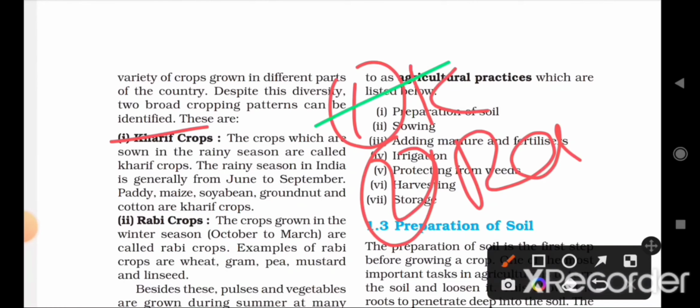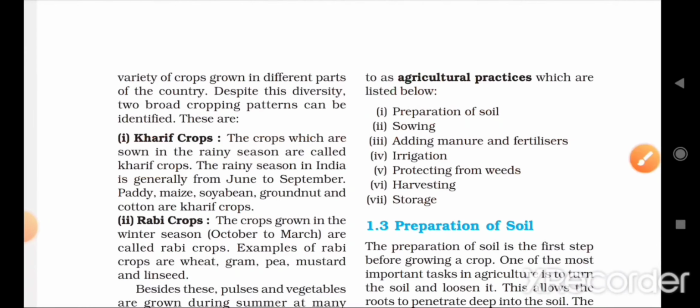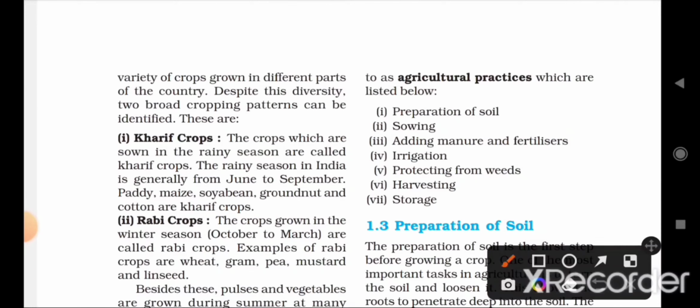The crops which are sown in the rainy season are called Kharif crops. What is a Kharif crop? The crops which are grown or sown only in the rainy season are called Kharif crops.